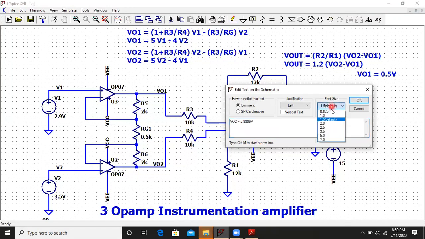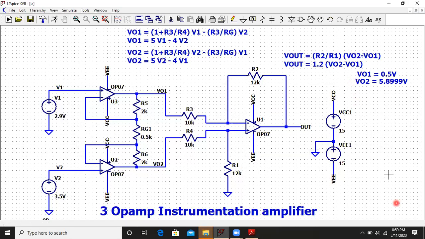So let me also add these values. Okay. So VO1 and VO2 after simulating this 3 op-amp instrumentation amplifier is coming out to be 0.5 and 5.8999.